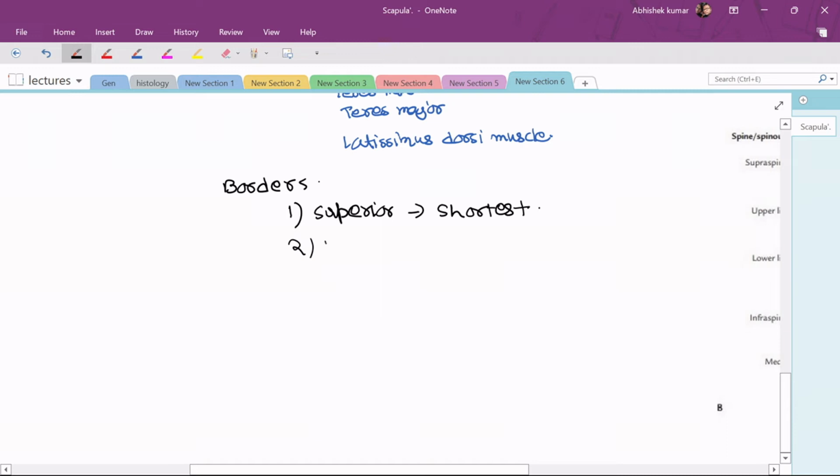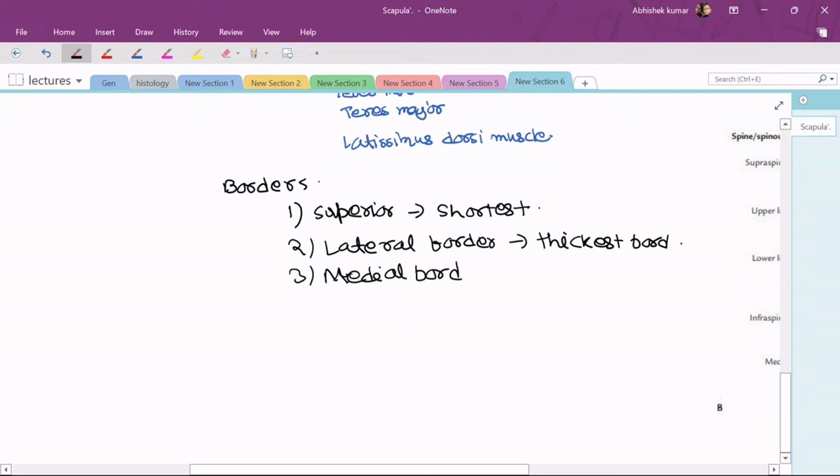The second one is your lateral border, and it is the thickest border. The third one is your medial border, and it is the thin border.